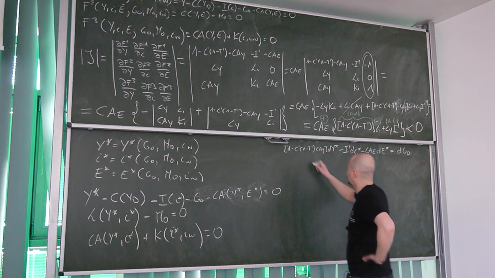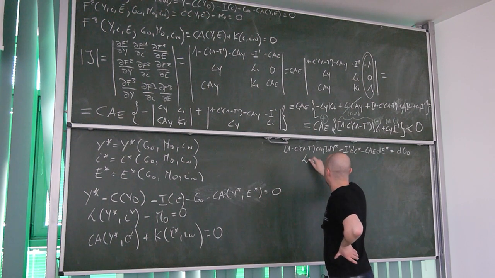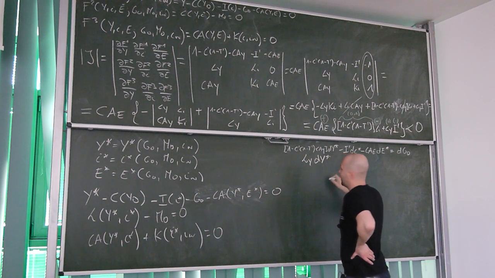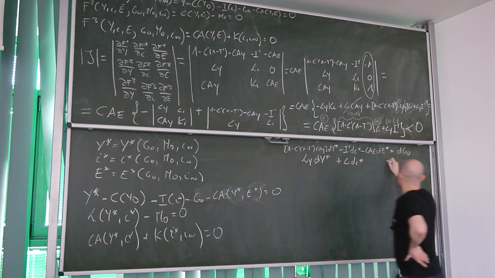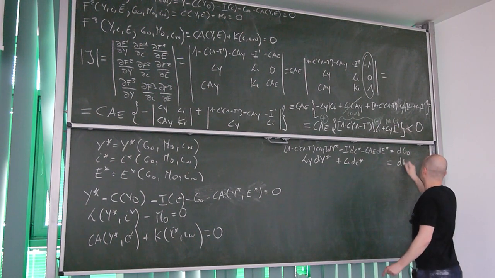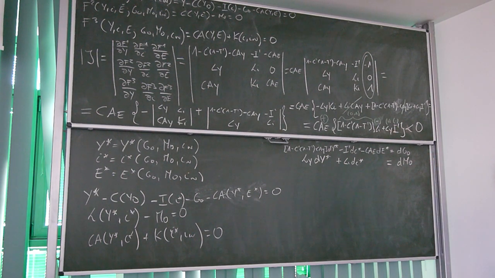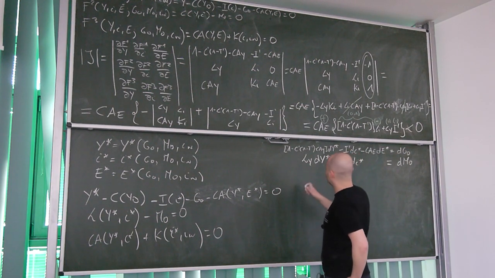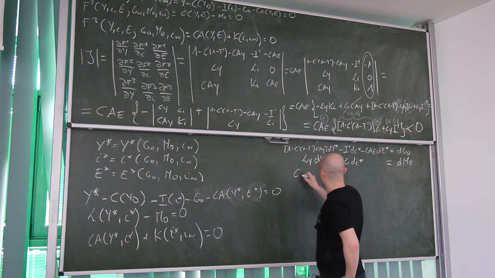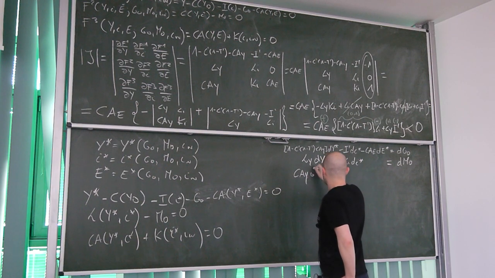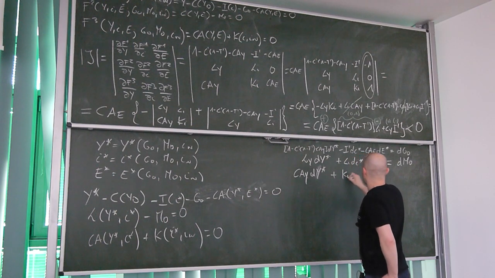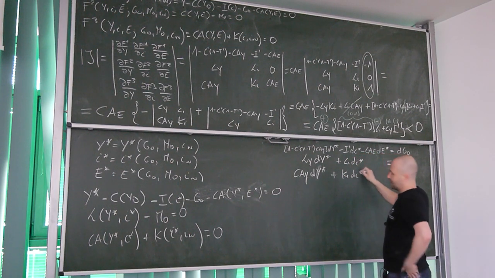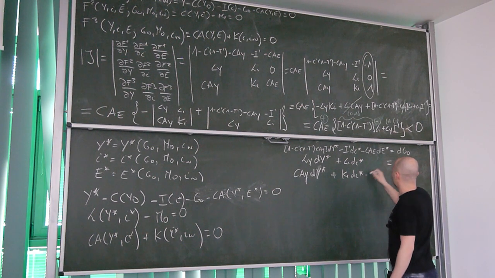Now we do the same for the second equation. We've got Ly dy plus Li di, and now we move to the other hand side, dm0. Okay, and finally, from the last equation, we get Cay dy plus Ki di plus Cae de.